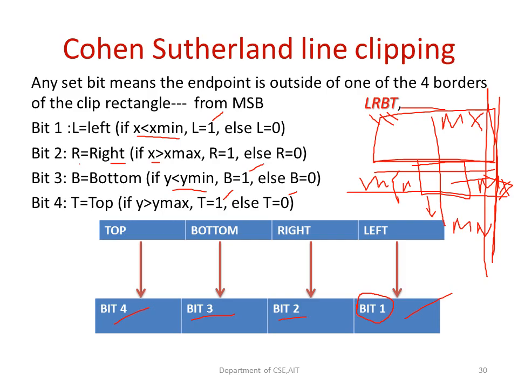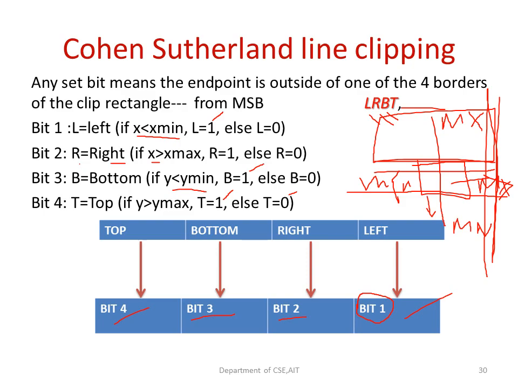Here we have the LRBT, which stands for left, right, bottom and top. The reference window will have the X minimum and X max, so we can consider all the regions with respect to X value, and also with respect to Y value. So bit 1, that is the LSB, will be equal to 1 if that region is to the left of the clipping window.